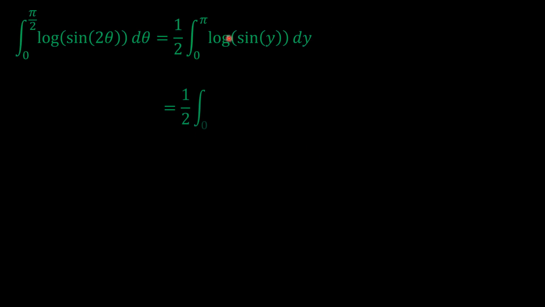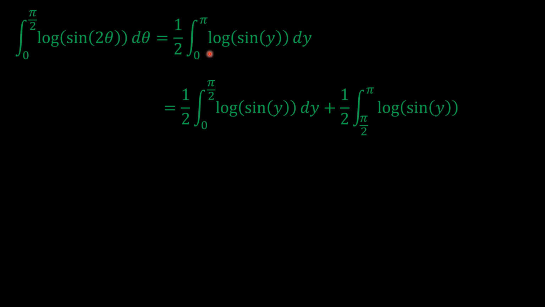And so fixing that in there, we have half the integral from 0 to pi, because we said y is 2 theta, so the limits become pi temporarily, and then that also means we can split this integral from 0 to pi over 2, and then from pi over 2 to pi.